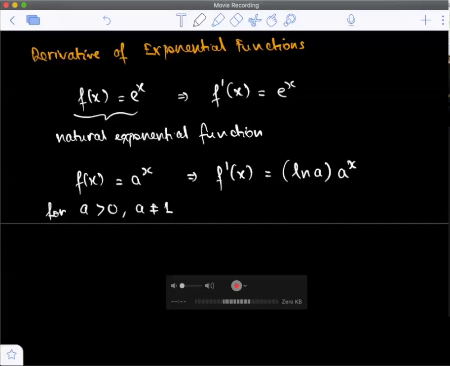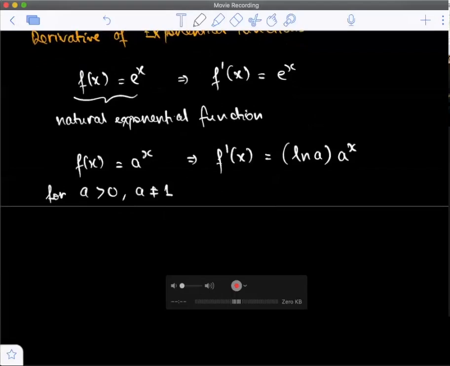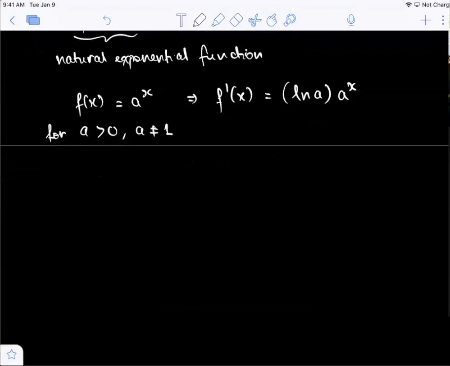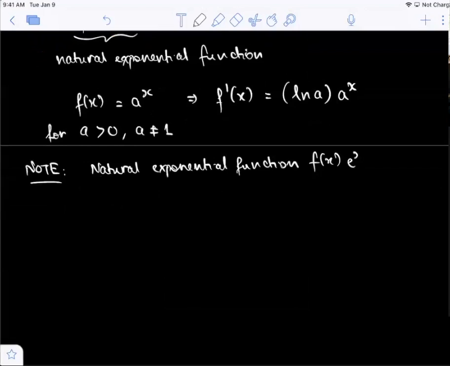All right, because of that simulation of this formula, I want to make a quick note here in terms of natural exponential functions. f of x equal to e to the x.